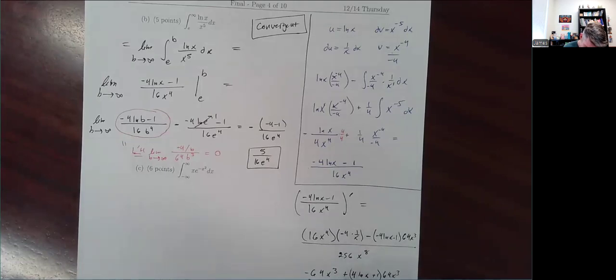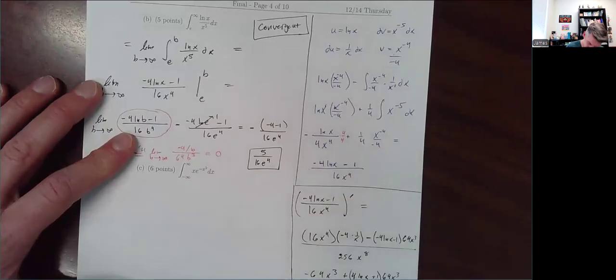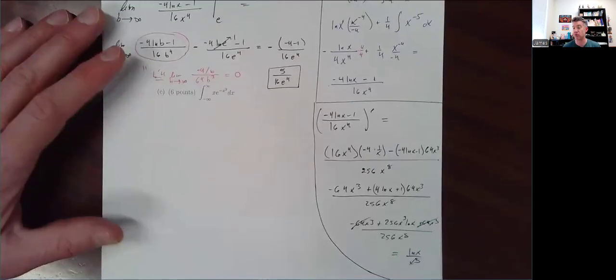So then you distribute here, you get a -64x cubed plus 4 times 64 is 256, x cubed natural log of x, plus a 64x cubed. Those cancel, divided by 256, x to the 8th, and yes, you do get natural log of x over x to the 5th. Okay. Felt like it could have been a little dicey. Sorry about that. Didn't mean to waste your time there.